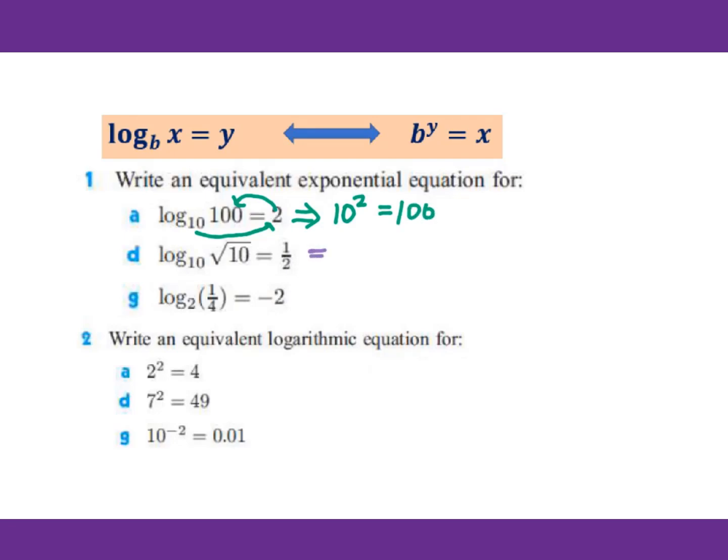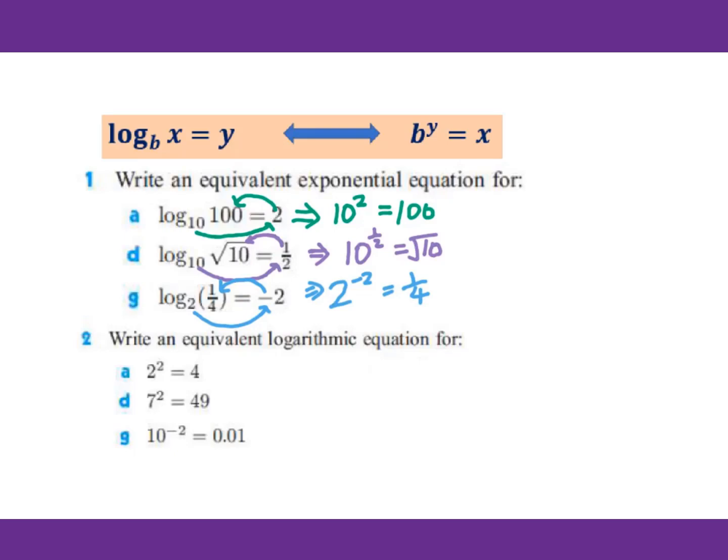For d, you will get 10 to the 1/2 power equals square root of 10. For g, 2 to the negative second power equals 1/4.